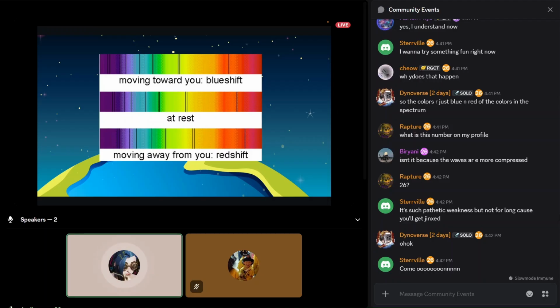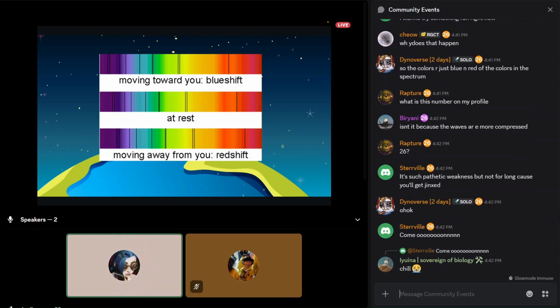Let's say at rest is in the middle, and then if it's moving towards you, the wavelength gets shorter, right? So it's called blue shift. If you look at the spectrum on top, it's shifted to the left. Then you can tell that the planet is moving away from you. And vice versa on the bottom, it's shifting to the right, so it's redshift.